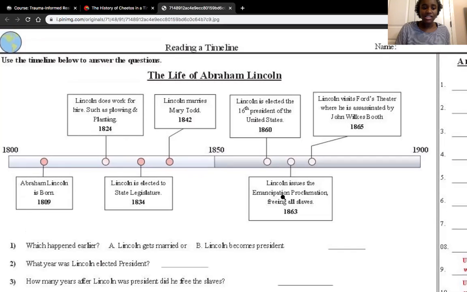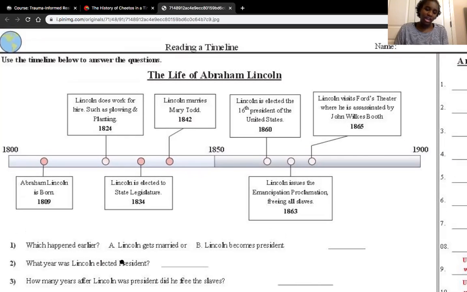So let's answer these questions. Which happened earlier? Lincoln getting married or Lincoln becoming president? Okay, so remember, which one happened earlier means which one is older. So which one happened first? So reading this one, we have Lincoln marries Mary Todd in 1842, and then Lincoln becomes president in 1860, okay?